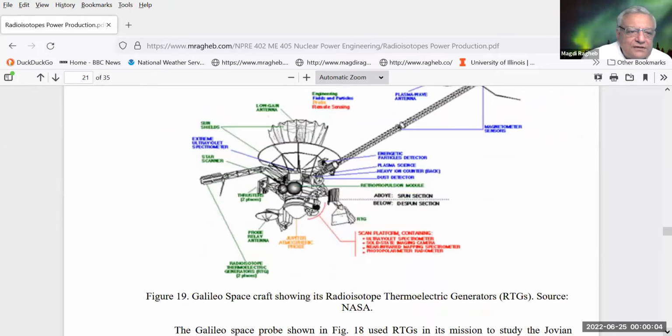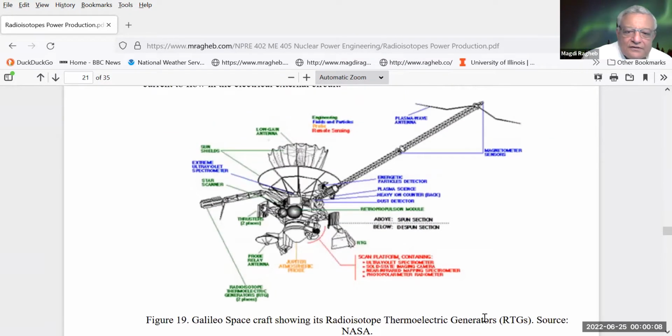That's another one here. That's a Galileo spacecraft. And you notice here that they have arms, one arm here. And if you read very carefully here, that's radioisotope thermoelectric generators, RTGs, 2 of them.